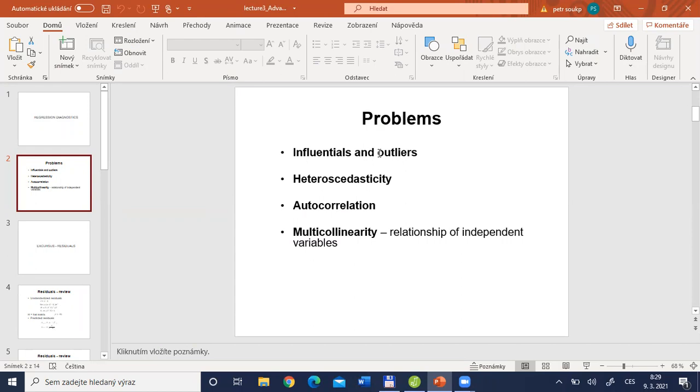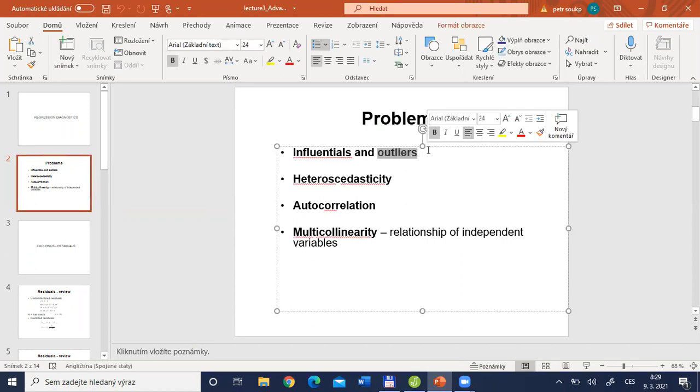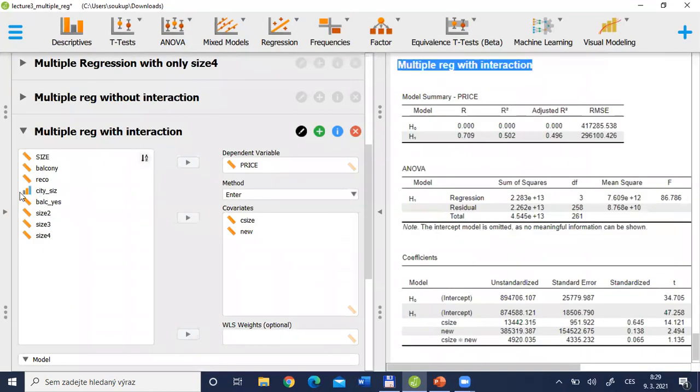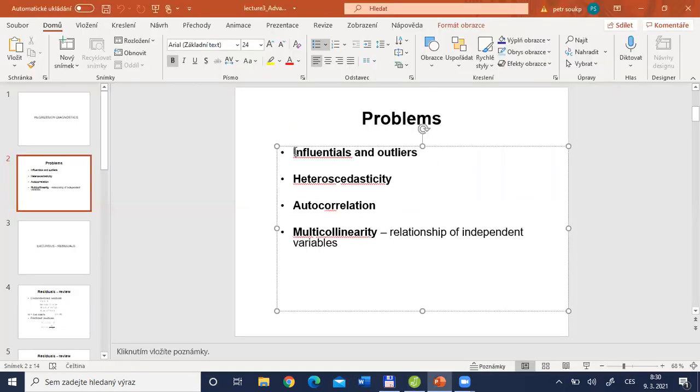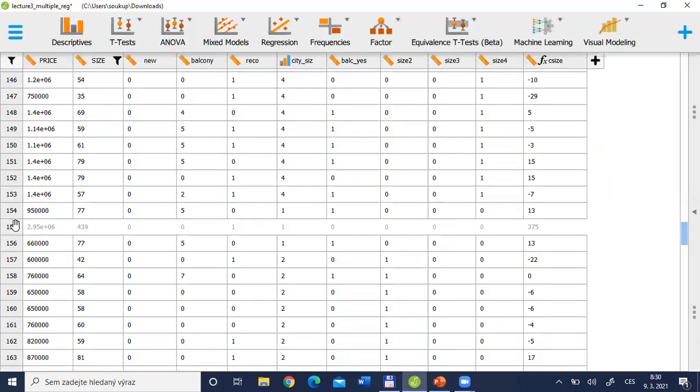So it means at least one value is extreme, so it is an outlier. Here, what is outlying is the size of the flat, 440 square meters. All the rest of the flats are below 200. And it is also influential. It means that if we add this flat into our computation and if we exclude it, the results would be totally different.